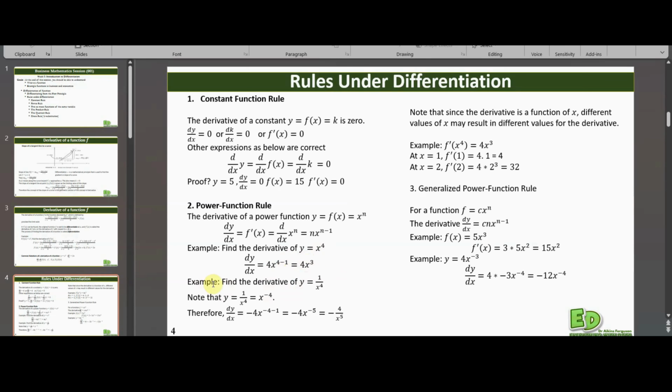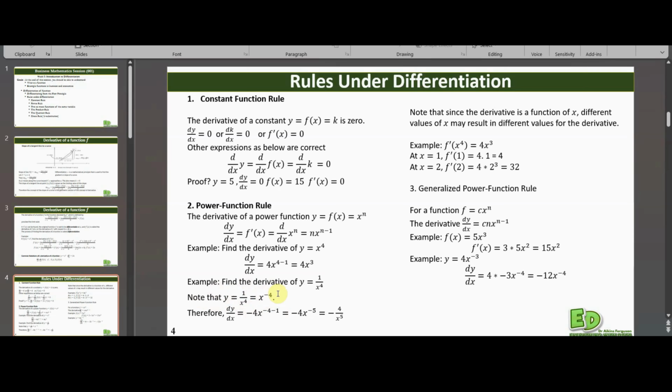Okay. The second example is to find the differential or the derivative of the function y, which is equal to 1 over x to the fourth. Right? We have been asked to differentiate this. The whole idea is that to make this function easier to differentiate, we will just rewrite it. So note that y is equal to 1 over x to the fourth is equal to x to the power minus 4.